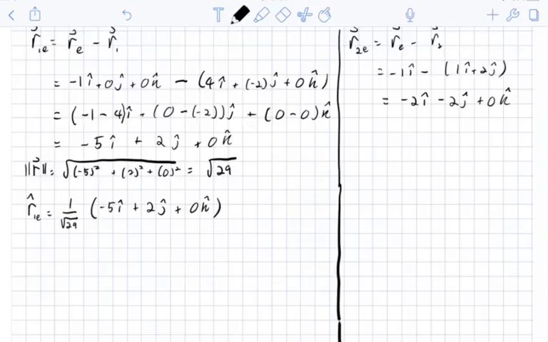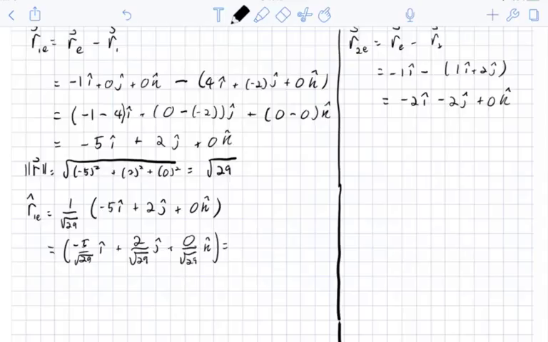Okay, so this is minus 5 over square root 29 i hat plus 2 over square root 29 j hat plus 0 over square root 29 k hat.